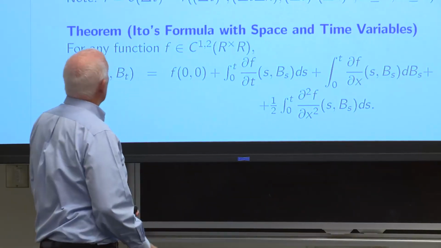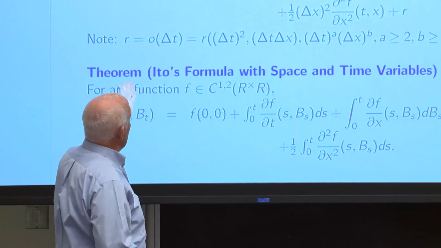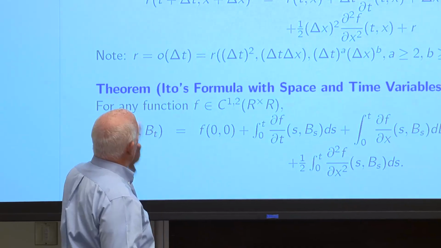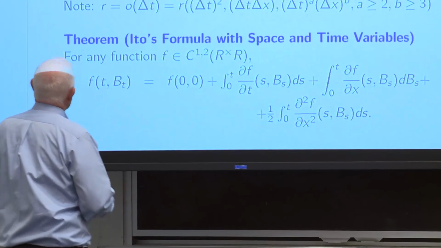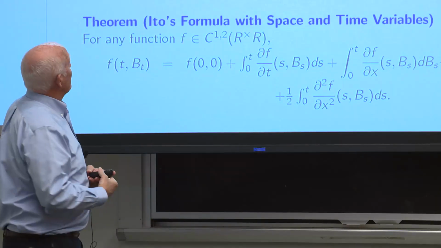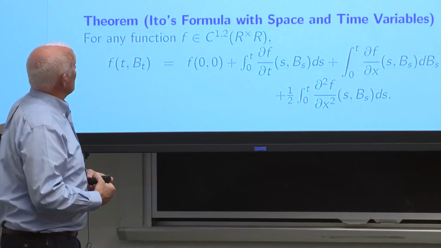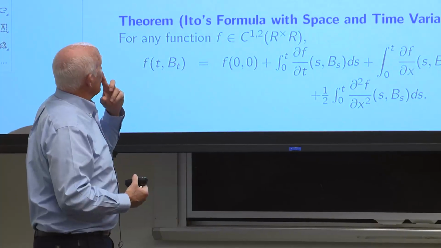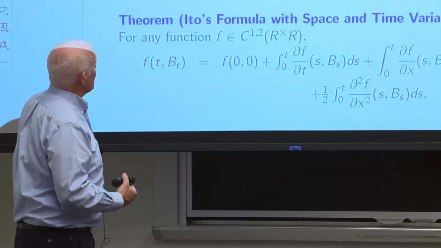that are continuous to different orders in terms of the time variable and the space variable. So we have this notation C super 1 comma 2, meaning that it's continuous with first order derivative existing and continuous, and second order derivative with respect to x and continuous.